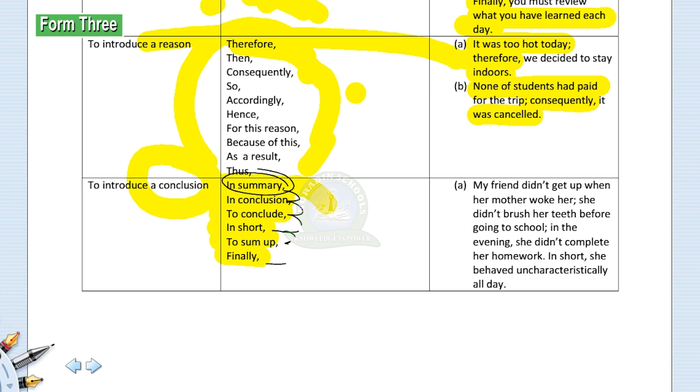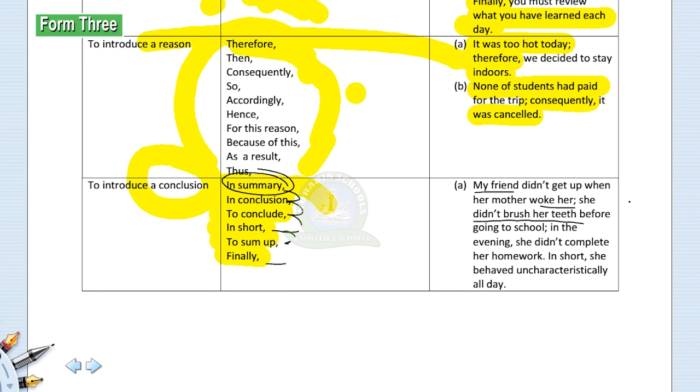When you are concluding, you say, my friend did not get up when her mother woke her.